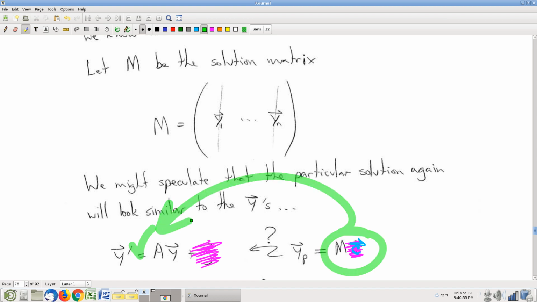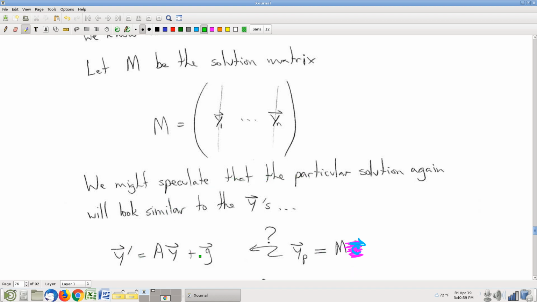Again, we find ourselves wondering, well, what happens if this G term shows up? Now everything's out of balance, right? It's got this extra stuff on the right. Maybe, I speculate, if I tweak this in some way, if I fiddle with it, maybe I can fiddle with it in such a way that other unbalancing terms show up that will cancel with this unbalancing term.